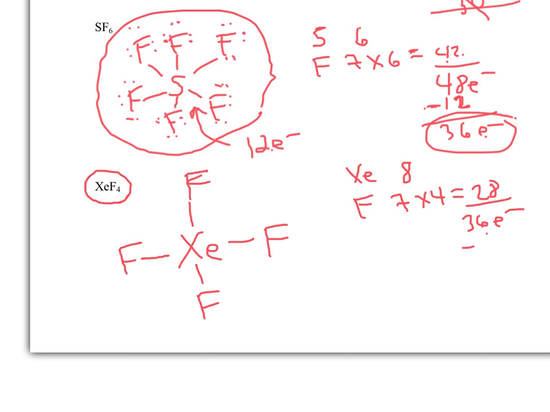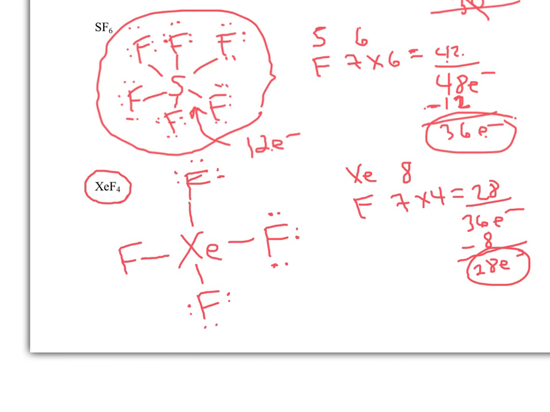Now, by making the 4 covalent bonds, I've already used up 8. So that's going to leave me with 28 electrons to go. The fluorines then need 6 each, because they've got the 2 for the covalent bond. So then they'll need 6 more apiece in order to make their octets.